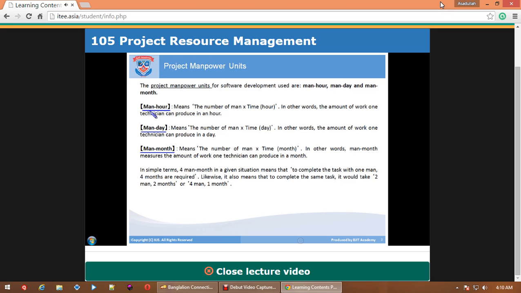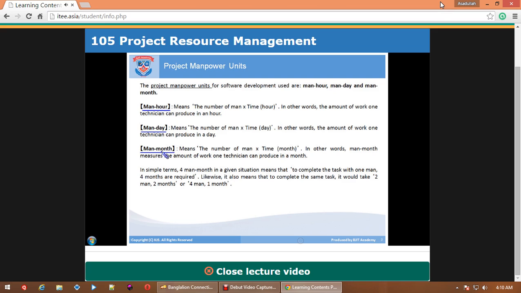Man hour means the number of men times the time in hours, that is, the amount of work one technician can produce in an hour. Man day means the number of men times the time in days, in other words, the amount of work one technician can produce in a day.